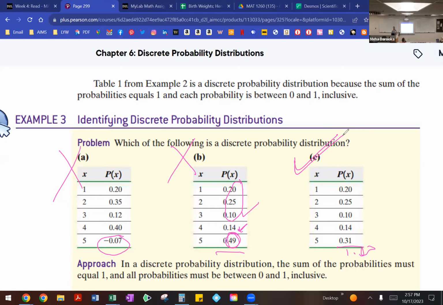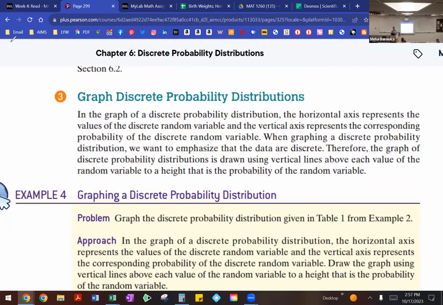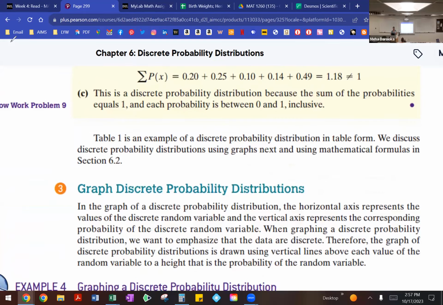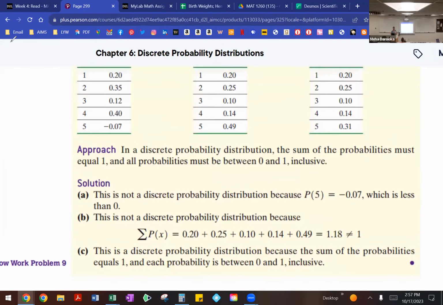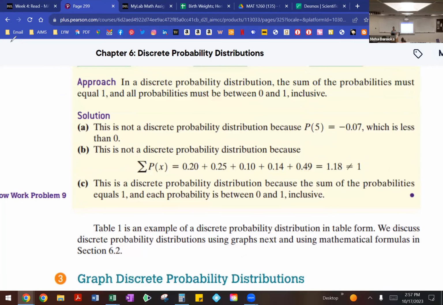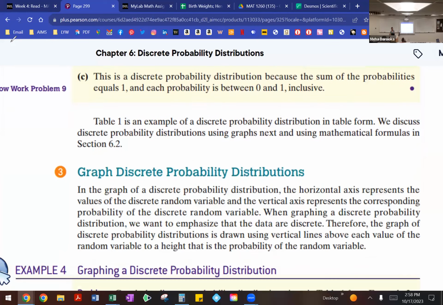So remember, guys, those 2 rules may seem very straightforward, but they are very important. Even as you're going through homework, make sure you're paying attention to those rules. For part B, it's adding up to 1.18, which is larger than 1, so obviously that second one was not going to work out.